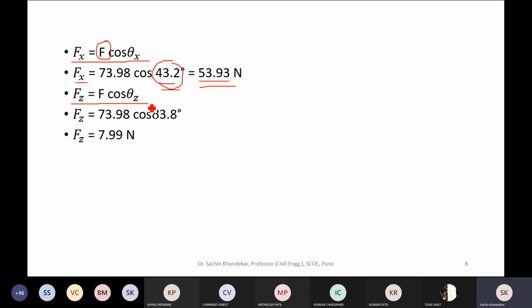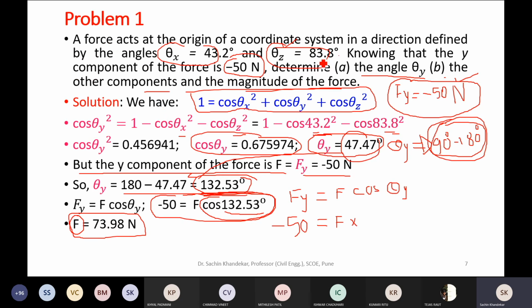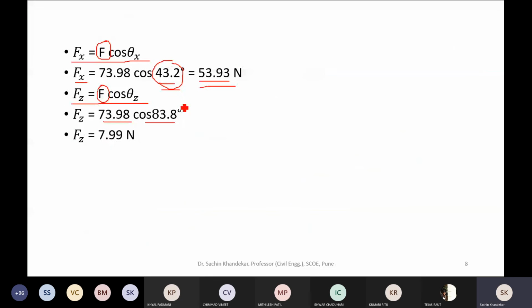Similarly, Fz is F into cos of theta z, 73.98 into cos of 83.8, which is less than 90 degrees, and hence Fz is in the positive z direction. So we got the values of Fx, Fy, and Fz.